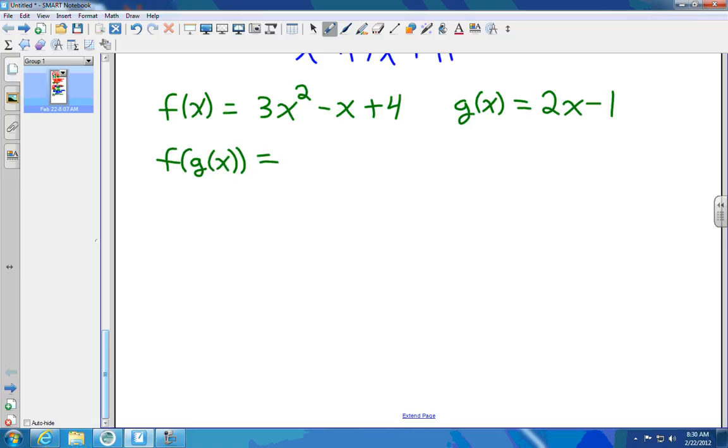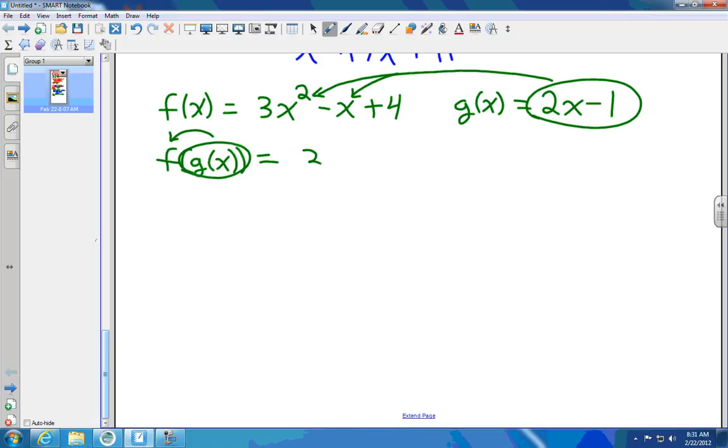So we are going to take g of x again and plug it into f. So here's g of x, and we are going to plug that in for both of those x's. And you can circle, if that helps. But both of those have to be replaced. So we would have 3 times 2x minus 1 squared minus 2x minus 1 plus 4.